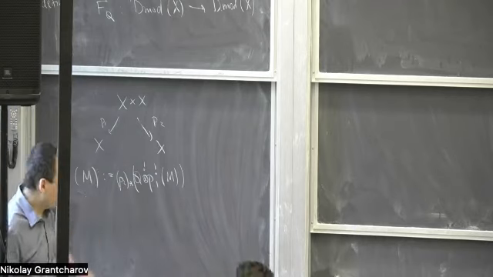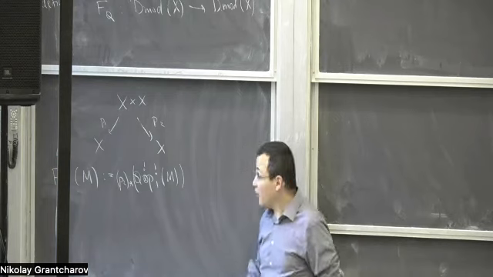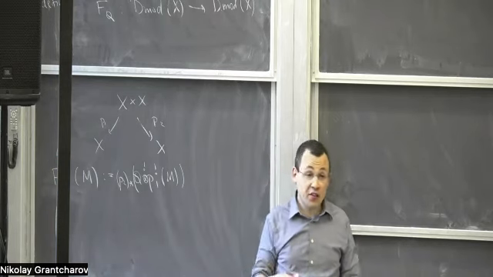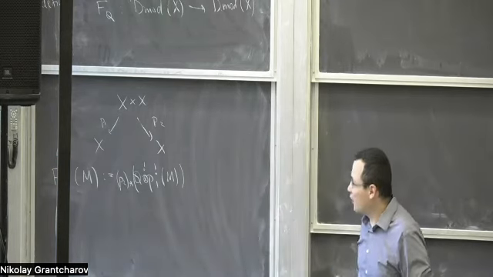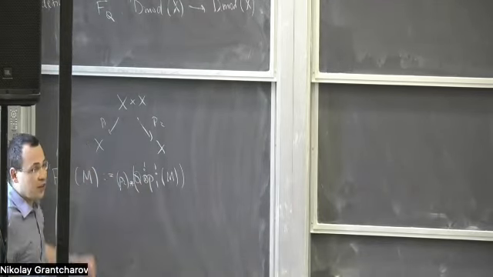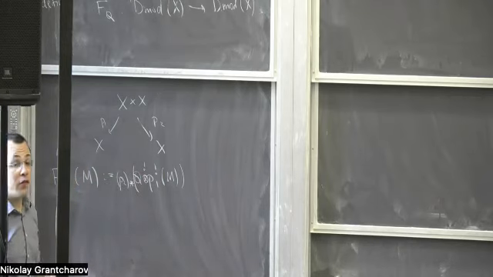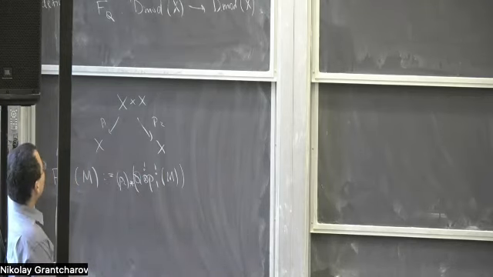If you think of D modules as solutions of differential equations, and X is proper, this is literally implementing an integral kernel. This is going to be the set of differential equations that the integral transform of your function will satisfy.